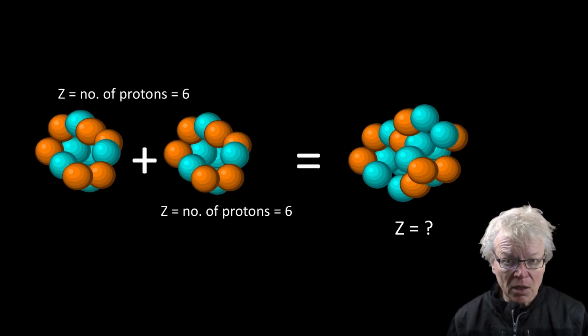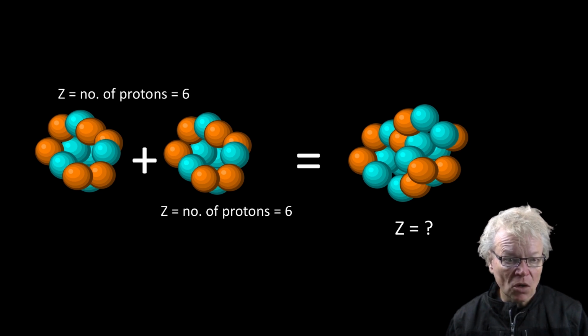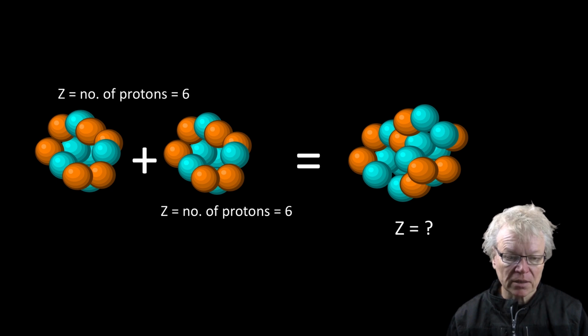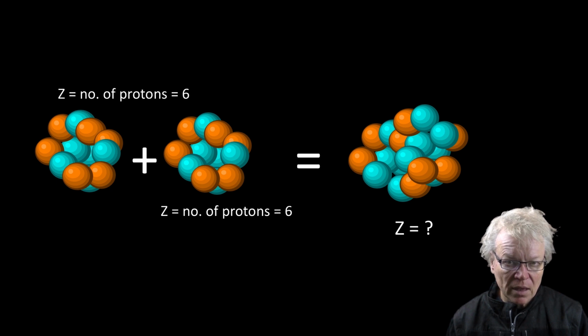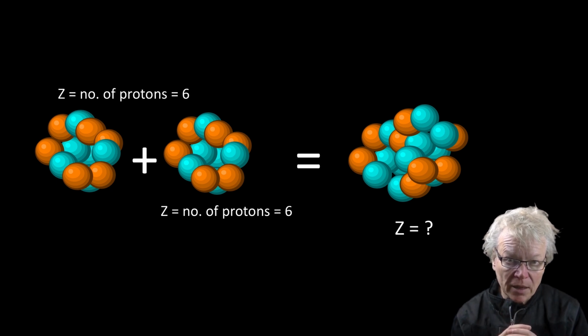All right. So let's start with 2 elements of Z number of 6. Correct. Carbon. So we've got 2 elements of carbon, and let's say we force them together in a particle accelerator on Earth. We end up with a nucleus with how many protons in it? Because we've literally forced them together.